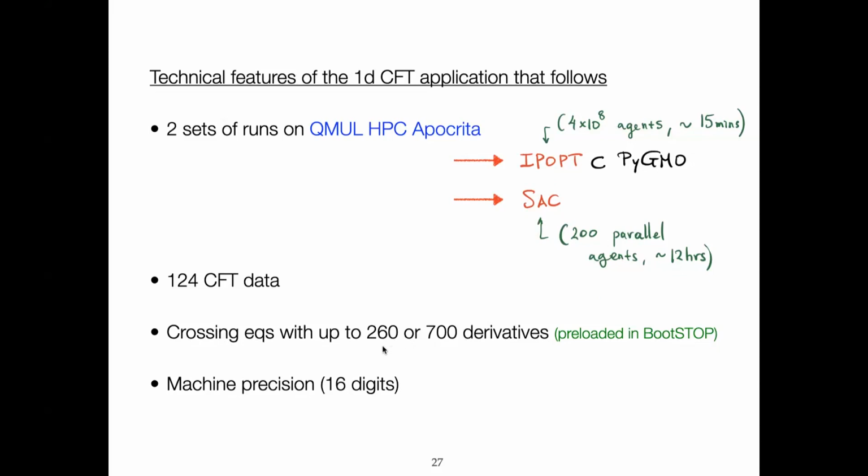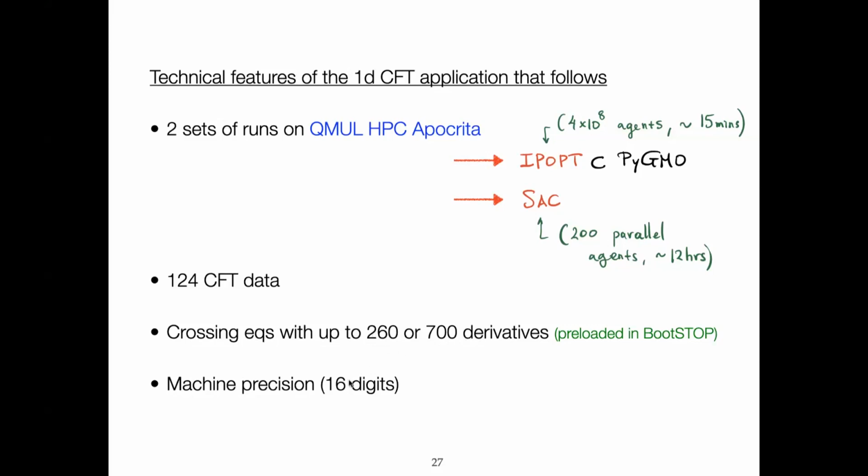Typically in standard conformal bootstrap approaches, one computes about 100 derivatives of hypergeometric functions. Here we included up to 260 derivatives or even 700 derivatives of hypergeometric functions evaluated at a specific point. And by the way, this is the first case where I saw Mathematica breaking down, but Python moving along on the number of derivatives unobstructed.